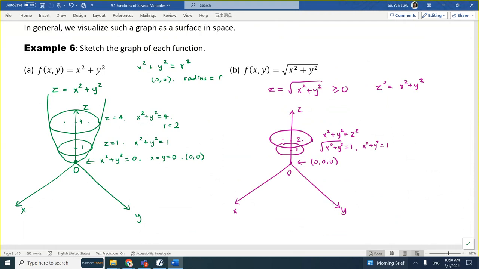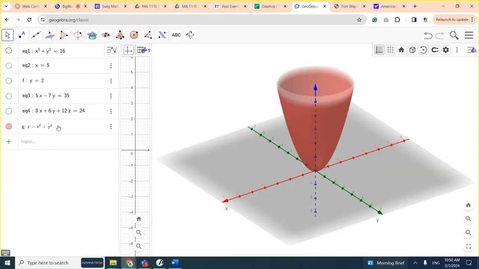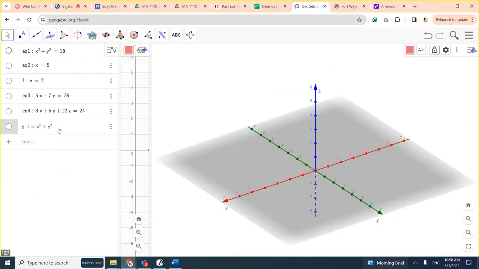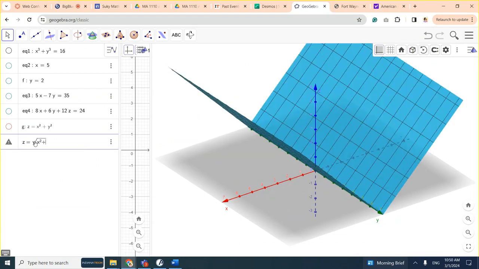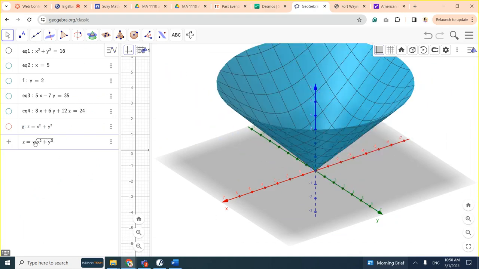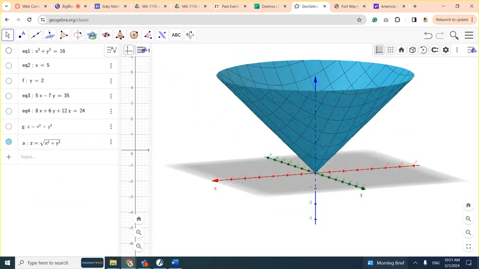So when you connect them, you see it's actually a cone. It's not an ellipse. It's not a parabola. It's a cone. So when you draw it, z equals sqrt, if you want to put the square root, and then x squared plus y squared. Do you see we get a cone?